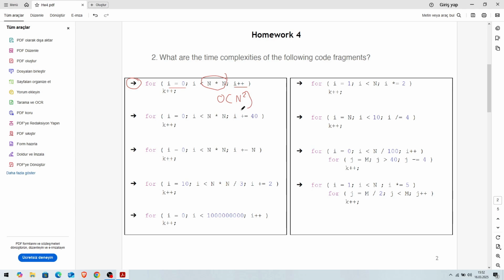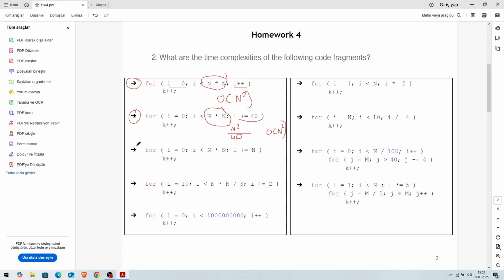When we look at the second question, the loop still goes up to n squared, but in steps of 40, and its number of iterations is n squared divided by 40. It's still proportional to n squared, so the time complexity is O(n squared).